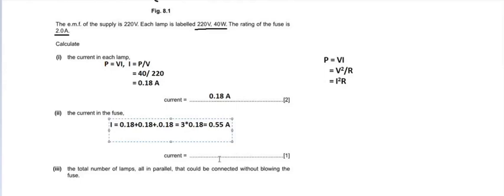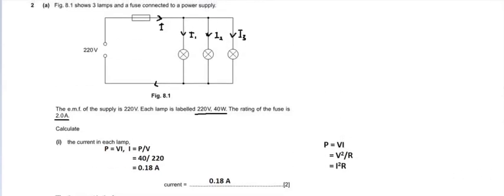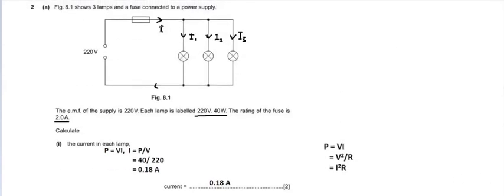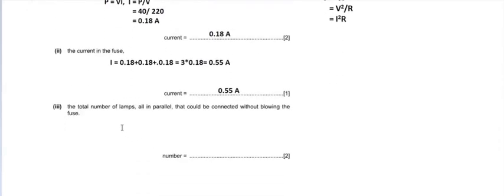So the current flowing through the fuse is 0.55 ampere, because it is the addition of the current flowing through each of the lamps, since it is already split. So this will be the current flowing through the fuse.